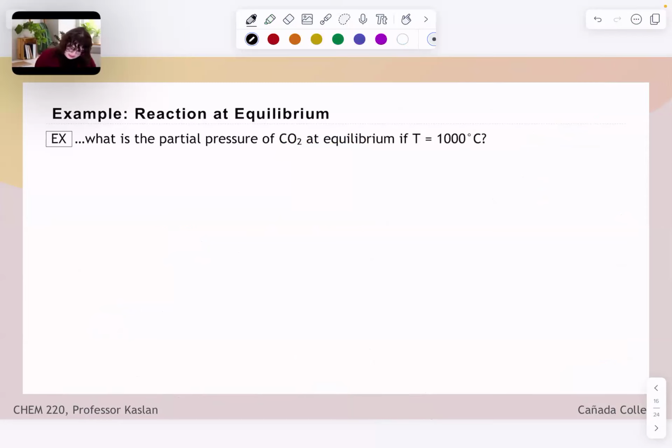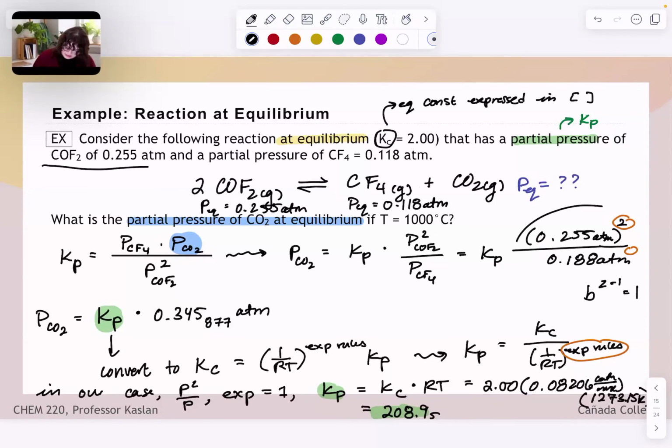So we had again that our partial pressure of CO2 at equilibrium is equal to Kp times our partial pressure of, I believe it was COF2, over our partial pressure of CF4 at equilibrium. We have already done ourselves a favor of figuring out what that quotient was. And now we need to substitute in our Kp.